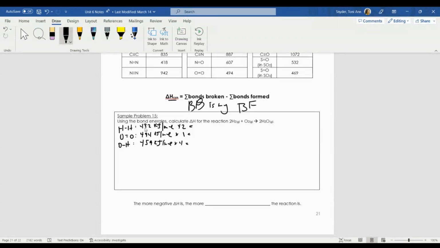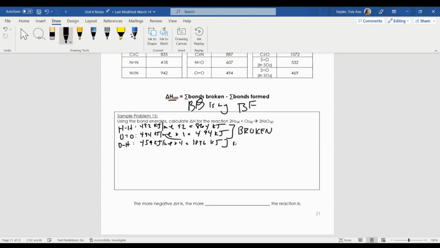So 432 times 2 gives me 864 kilojoules. The oxygen double bond gives me 494 kilojoules. And 459 times 4 gives me 1836 kilojoules.